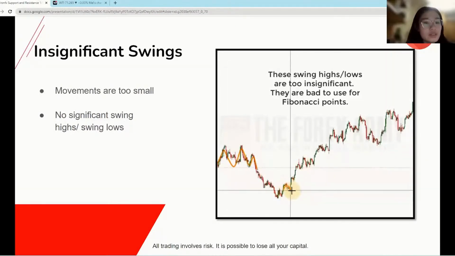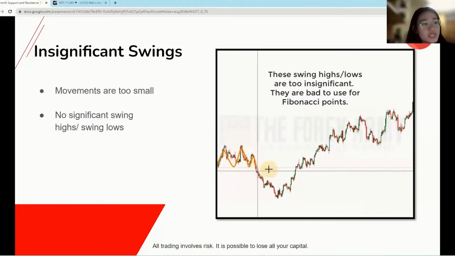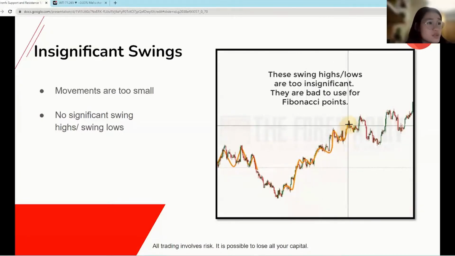Okay, let's first look at an incorrect example. So here's an example of an insignificant swing, which are typically bad points to use for Fibonacci starting and ending points, as well as your support and resistance levels. In the GIF that I've attached here, it says they are bad to use for Fibonacci points, but this also applies for support and resistance.